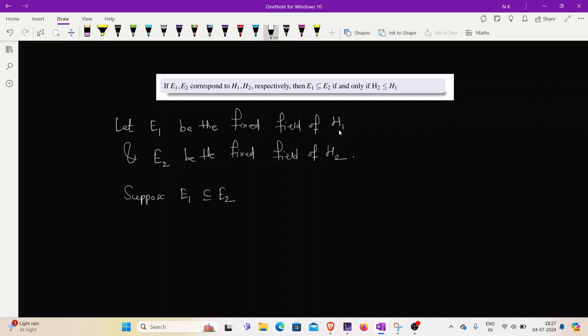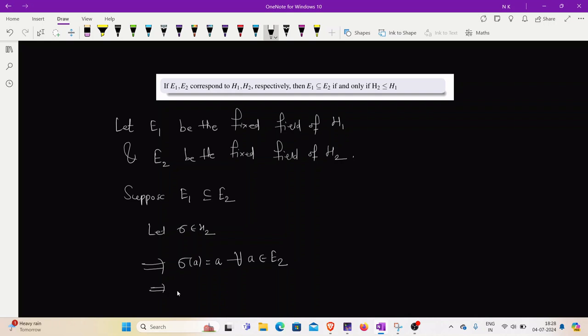Now firstly suppose that E1 is contained in E2. I want to prove that H2 is a subgroup of H1, so I will consider one element of H2. So let sigma belong to H2, right? Now sigma belongs to H2 and H2 fixes E2, so that means sigma(a) = a for all a belonging to E2. But E2 is the bigger field, and sigma fixes the bigger field, so definitely it is going to fix its subfield, right?